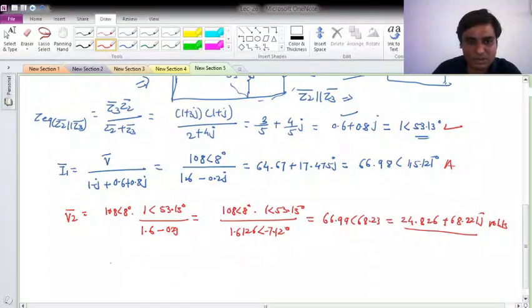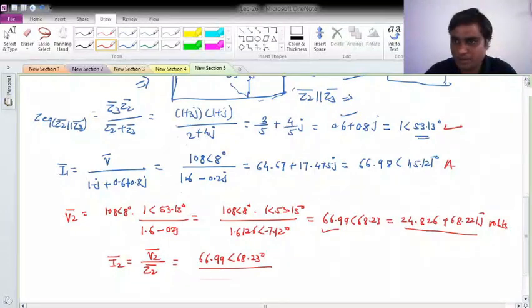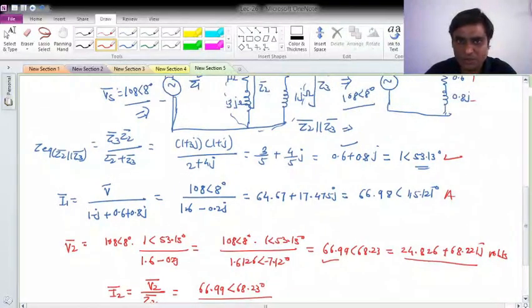Now, once I know the V2 phasor, I can calculate the current through it. So I2 phasor will be V2 phasor divided by Z2, which is 1 plus 3j.